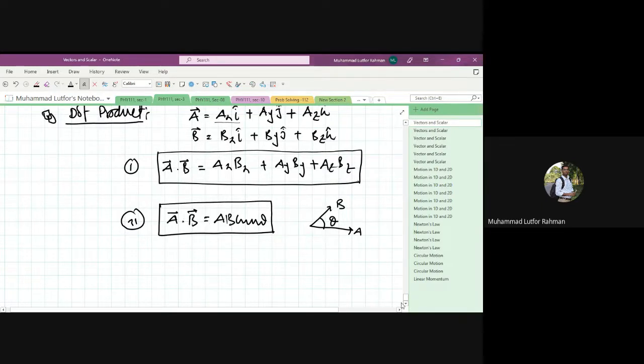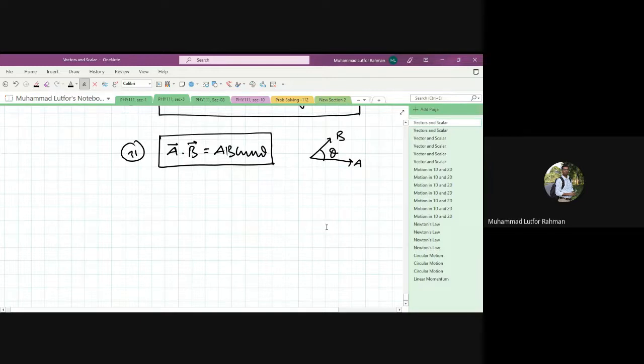And it is a scalar quantity. We know that it has no direction, it has only magnitude. So that's why we can say that a dot b could be greater than 0, it could be equal to 0, and it could also be less than 0.